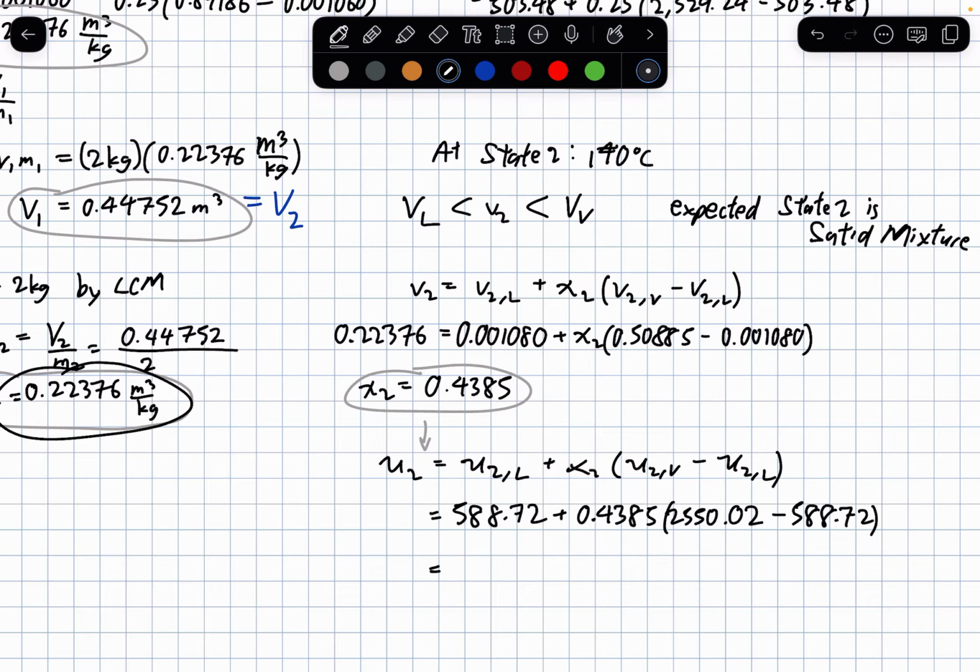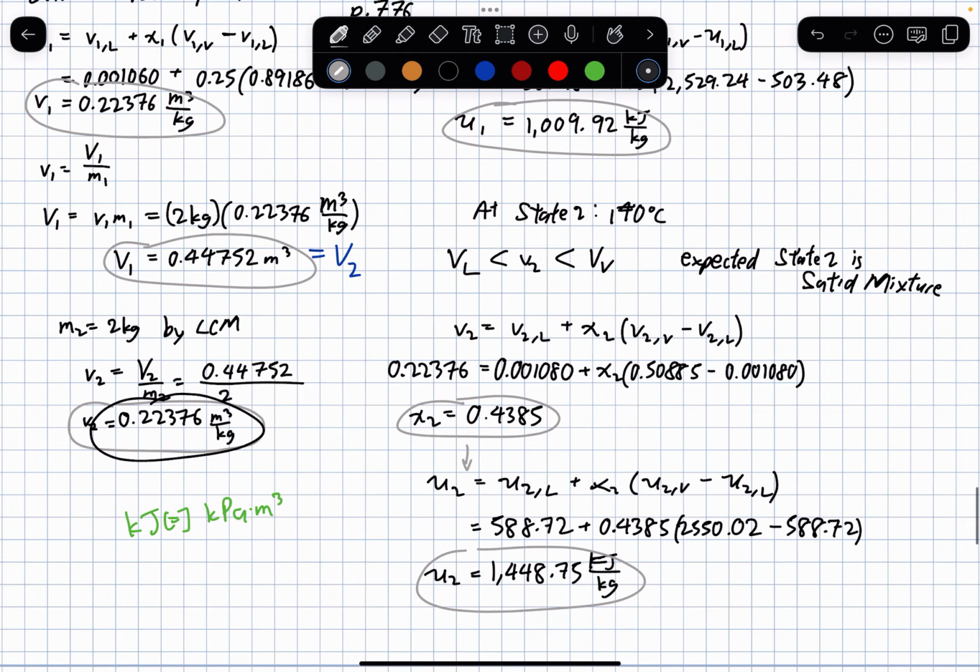Okay, calculate. 1448.75. Sorry, this is internal energy, so kilojoules per kilogram. By the way, just a side comment: kilojoule has units of kilopascal meter cube. Best you memorize that.